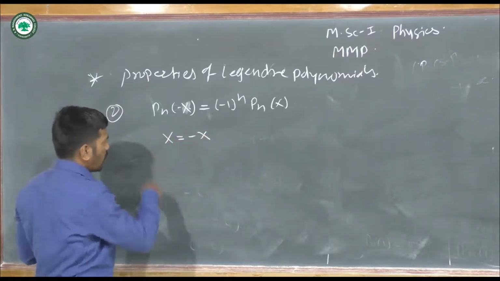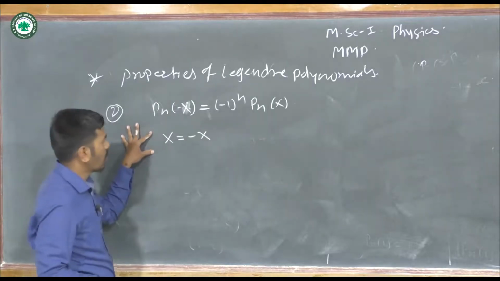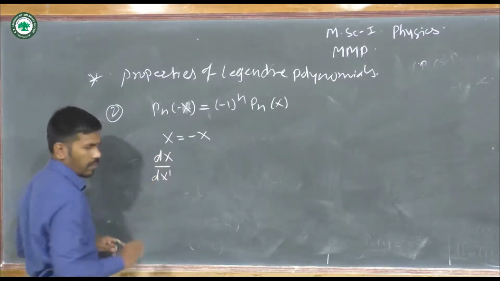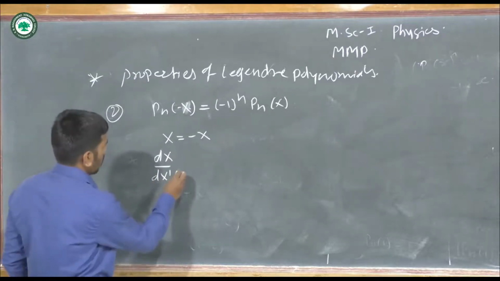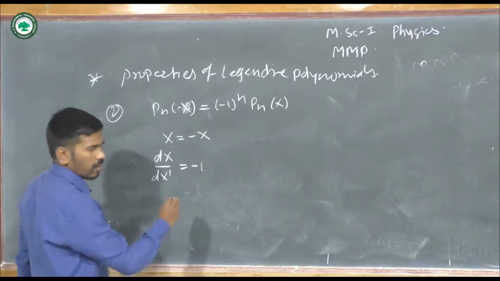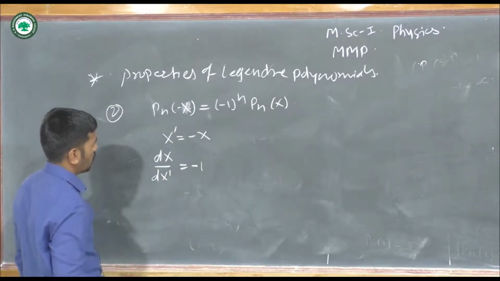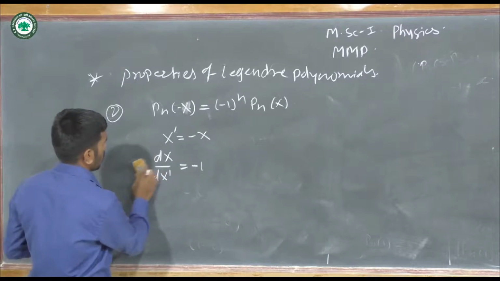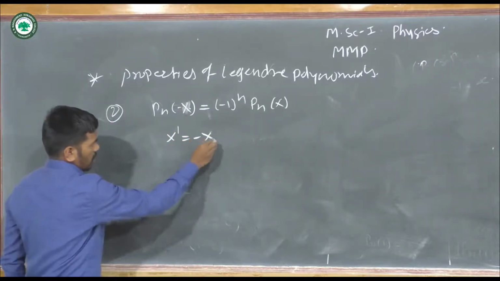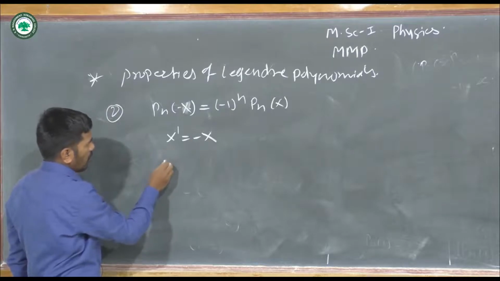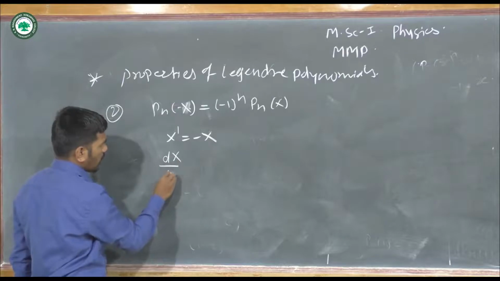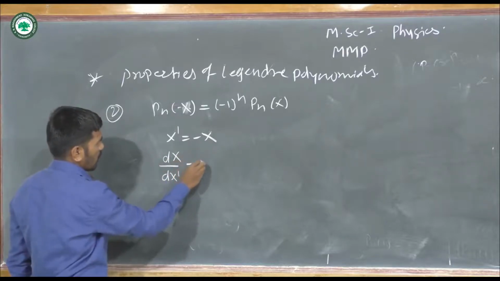If I differentiate this with respect to x prime, so it is dx by dx prime. Sorry, x prime is equal to minus x, this I am assuming. So we can write dx by dx prime, so it is minus 1.